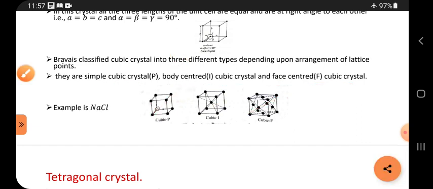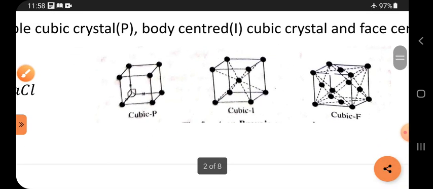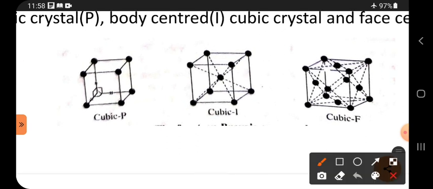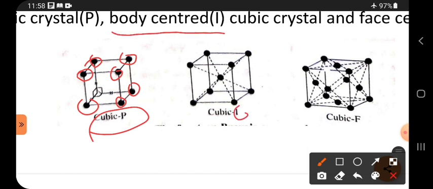And see here, the primitive or simple cubic crystal is a cube containing 8 lattice points at the 8 corners only, so that is why it is simple. And I stands for what? Body centered.